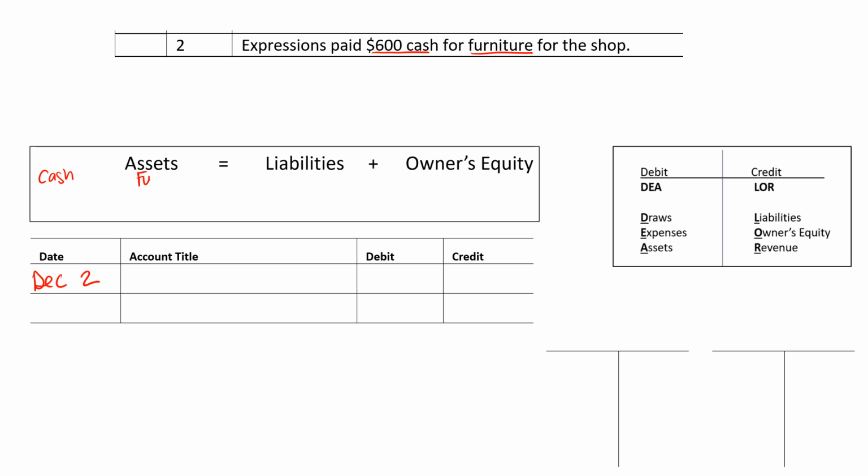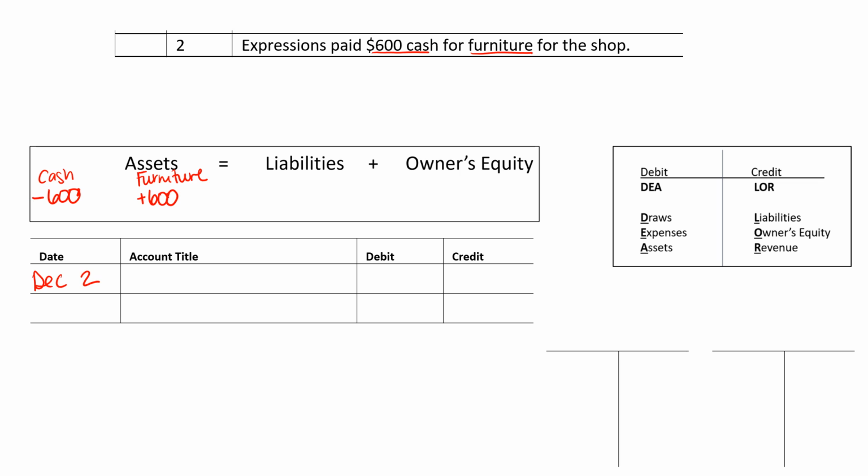So cash and furniture. Since cash is being paid, that means cash is decreasing. And since furniture is being acquired, the amount in the furniture account will be increased by $600.